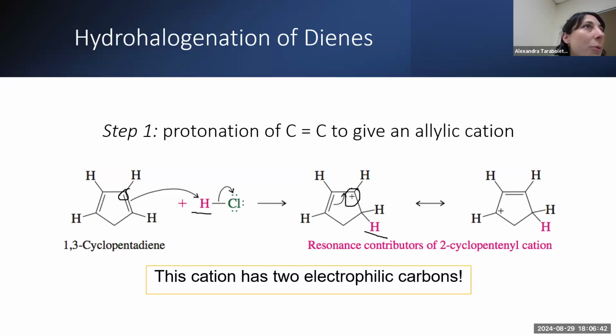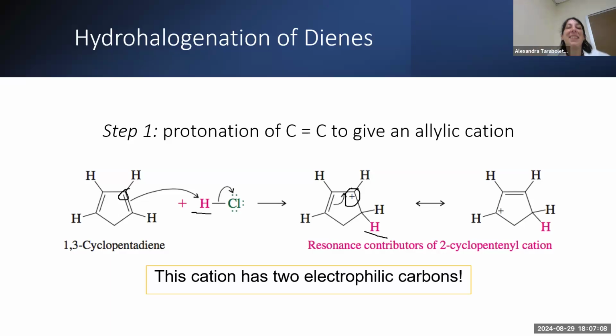However, look what just happened. Just because of how dienes are structured, during the process of this reaction, we have created an allylic system. There is a double bond next to a positive charge now in the middle of this reaction. And what can happen if that occurs?